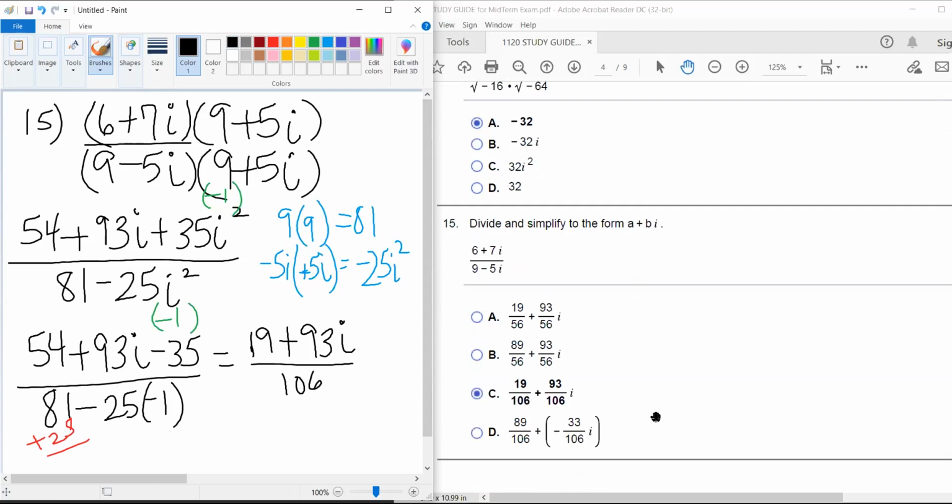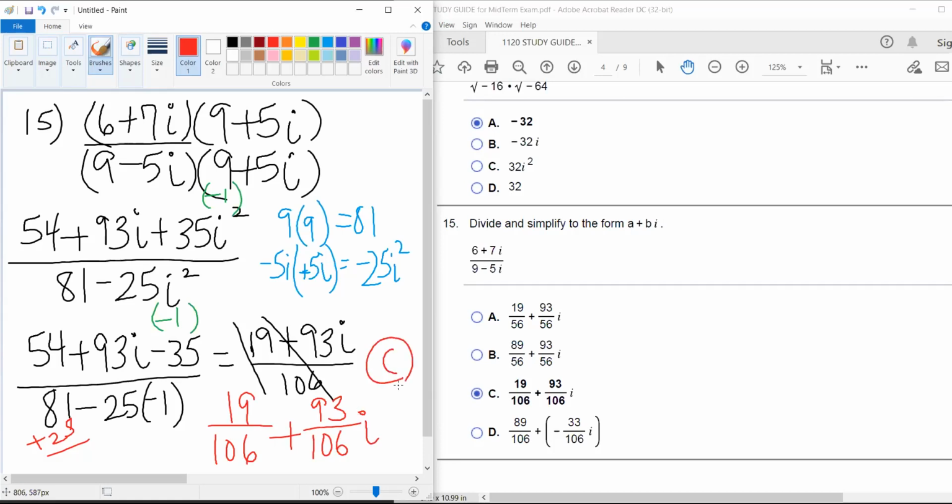And we have to separate our fraction in order to get our answer in standard form. So we have 19 over 106 plus 93 over 106i.